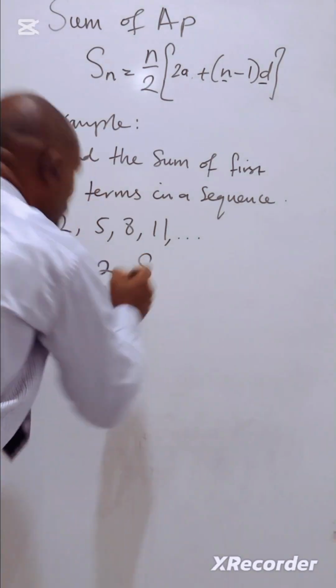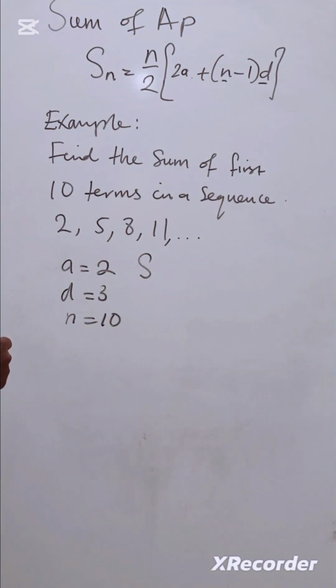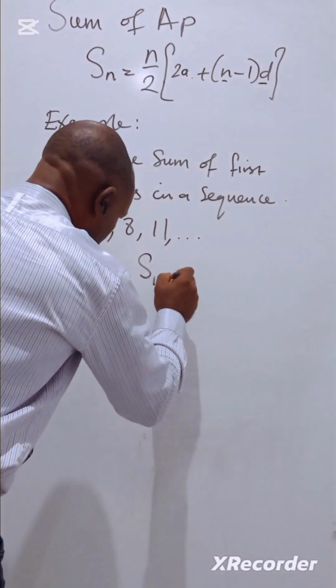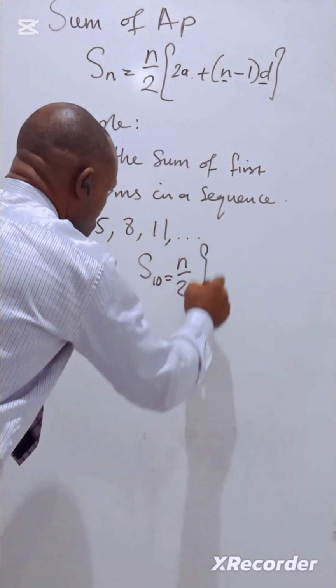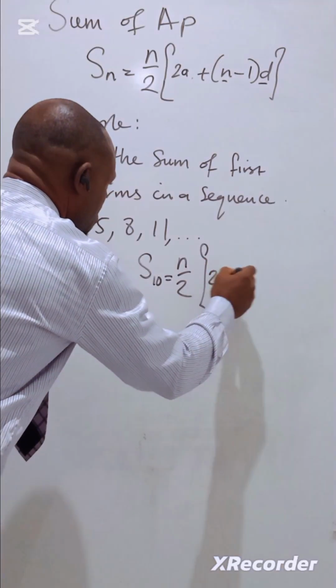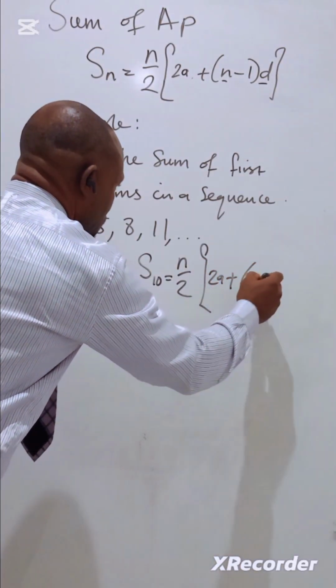So the sum of the first 10 terms in a sequence is equal to n over 2 [2a plus (n minus 1)d].